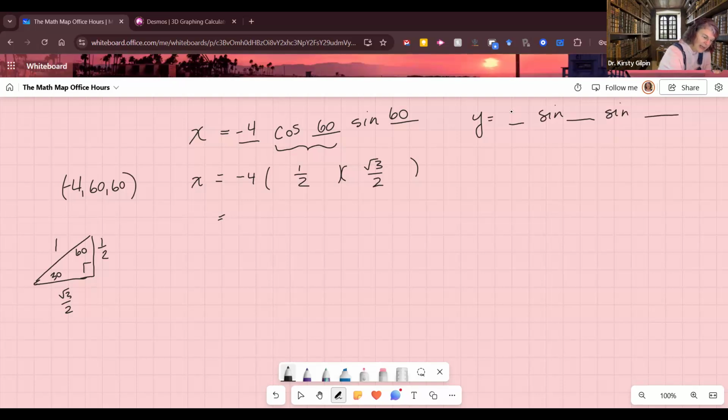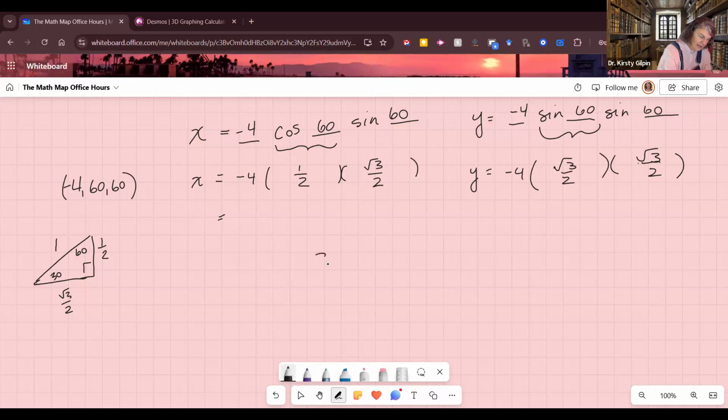And so now my -4 in the place of r, then my 60 and my 60, -4. So my sine of 60, that's my opposite, that's the square root of 3/2. My sine of 60, doing them both, is the same, square root of 3/2.